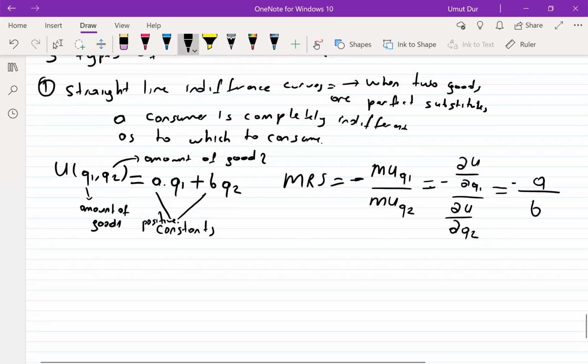Then the second one is right angle indifference curves.